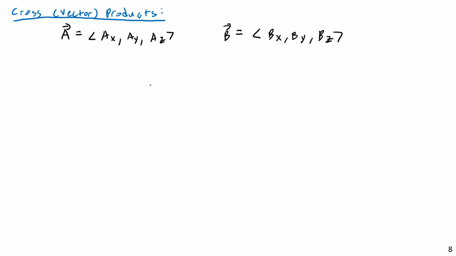Now, I'm going to run through the formula first. So, A cross B. I'm going to run through the formula fairly straight first, and then we'll discuss some of the implications of it.